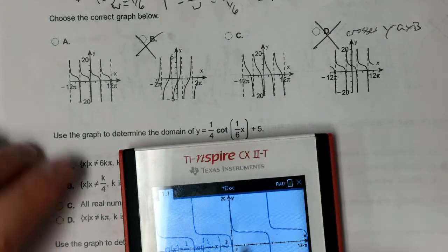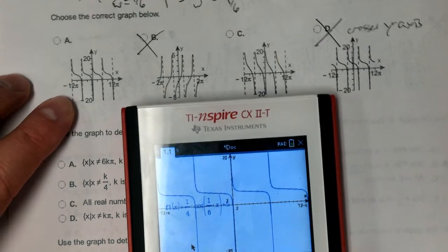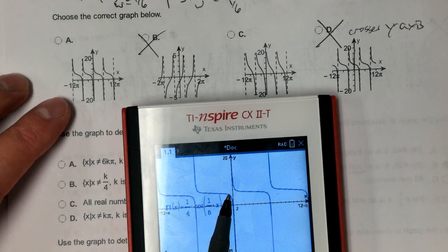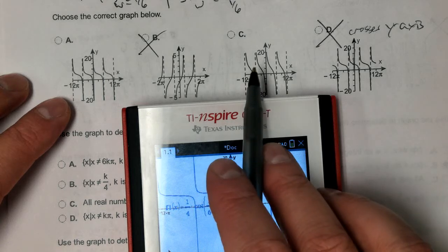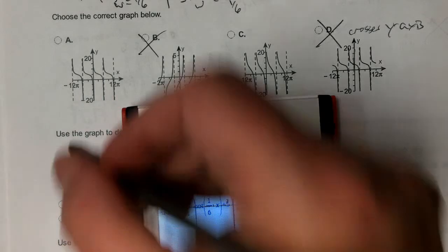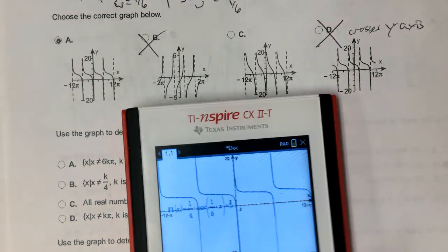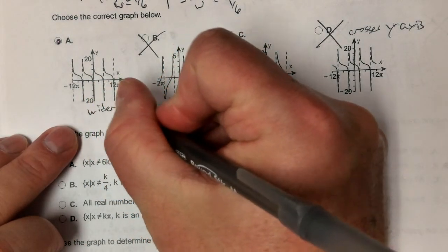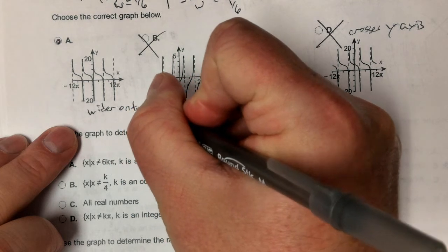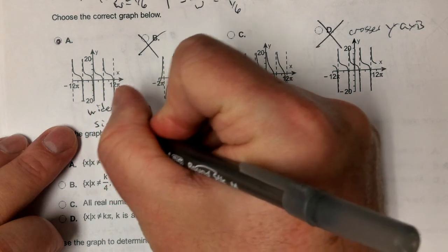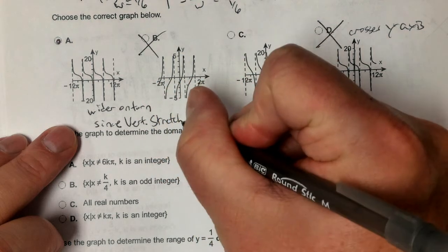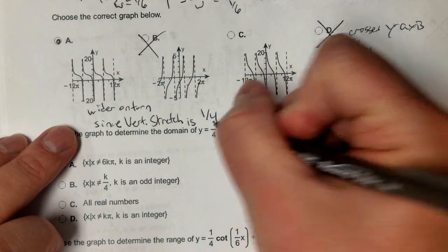And then the choice between A and C is going to be A because this is wider. It's not that way for C. So the way I described it was it's wider on the turn since your vertical stretch is 1/4.